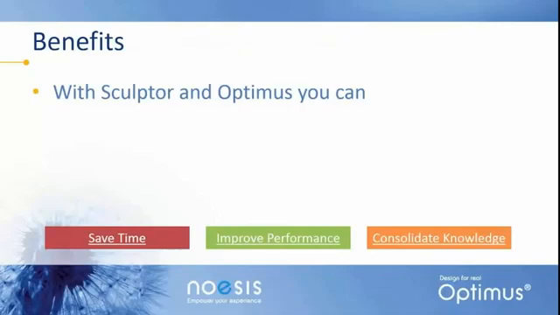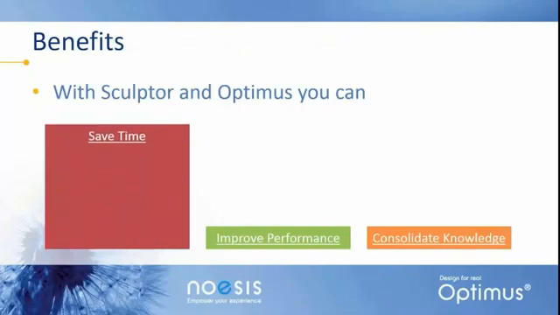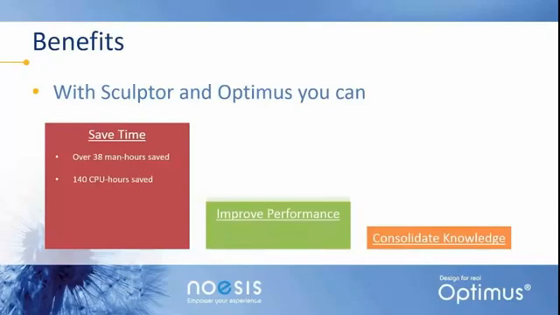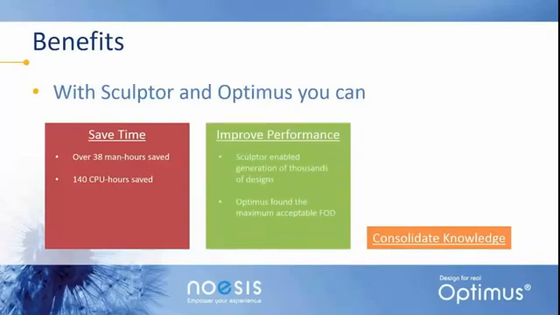We've shown now that with Sculptor and Optimus, over 38 man-hours, or a week of time, was saved. And with Optimus, over 140 computer hours of simulation time was saved. Sculptor enabled the generation of thousands of different designs, really.